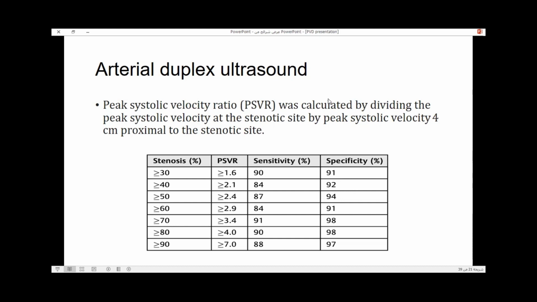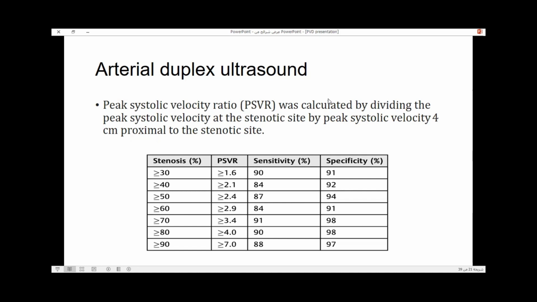And according to the ratio, we can have an idea of the degree of stenosis. Other articles mention that for pedal arteries we can go with more than 40.